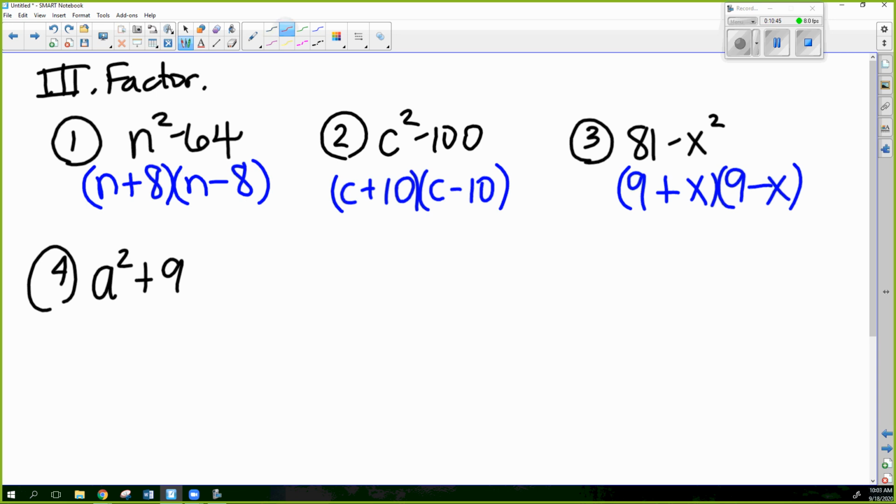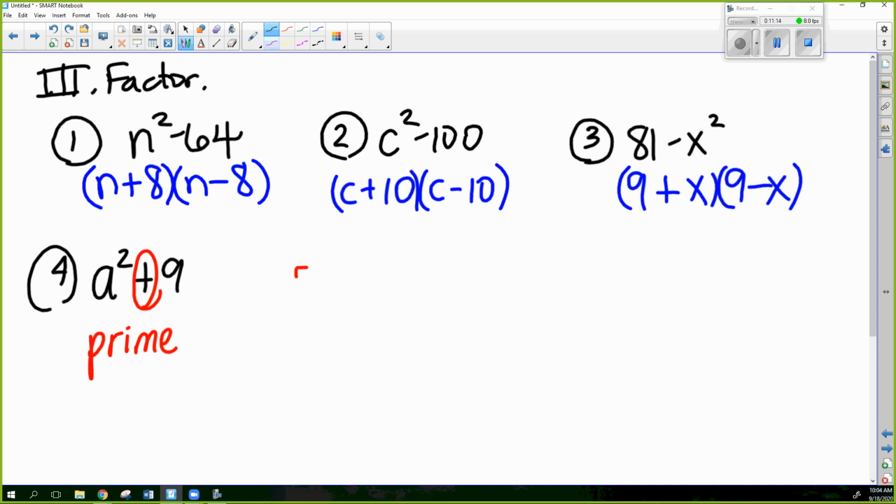It's a plus. That means it's not the difference of two squares. Well, it doesn't factor if it's not the difference of two squares. So unless it has a GCF or something else, this is prime.